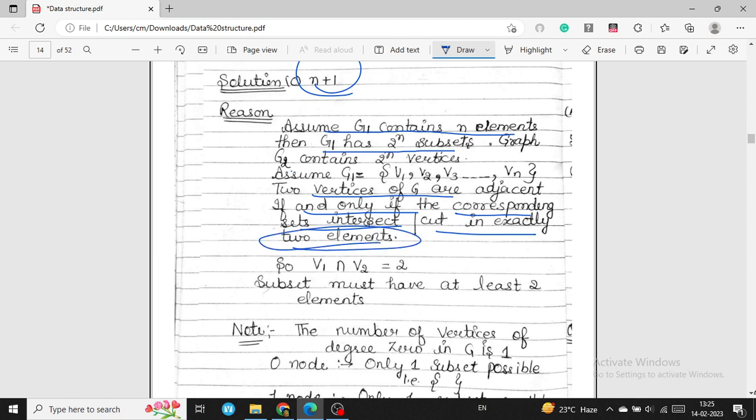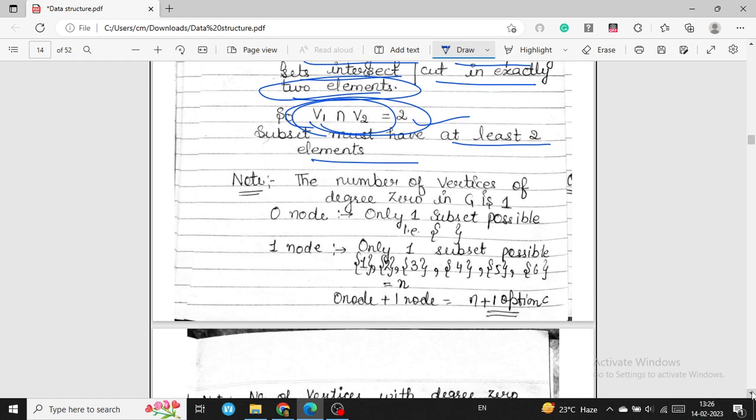So we can use this formula: the intersection of vertex 1 and vertex 2 should be equal to 2. This means a subset must have at least 2 elements. The subsets we use for making the graph should have at least 2 elements. We should keep this note in mind.